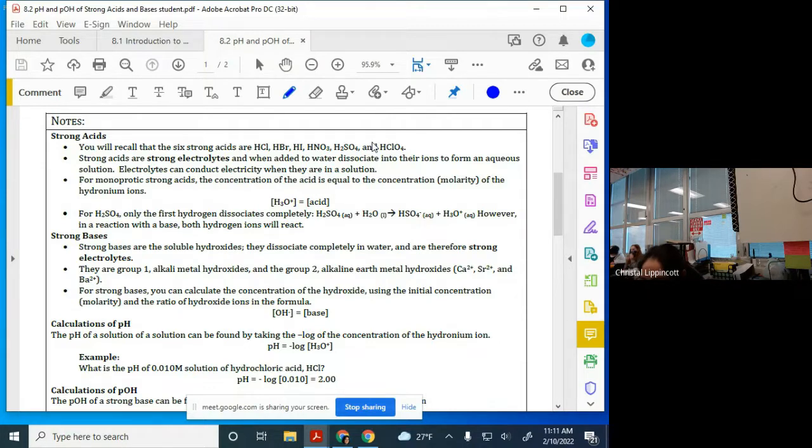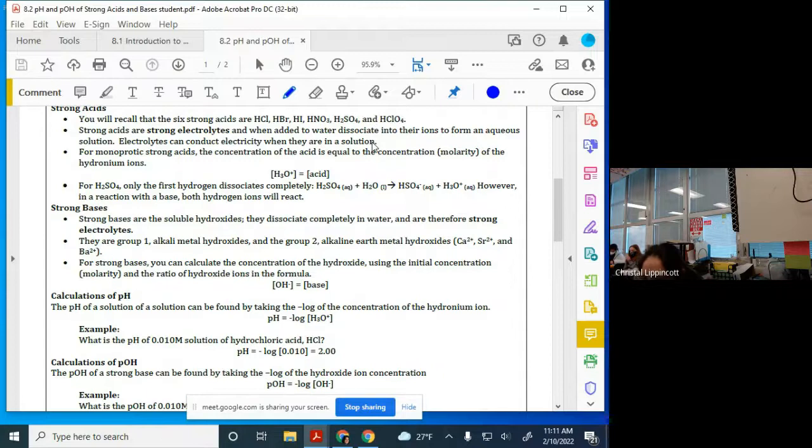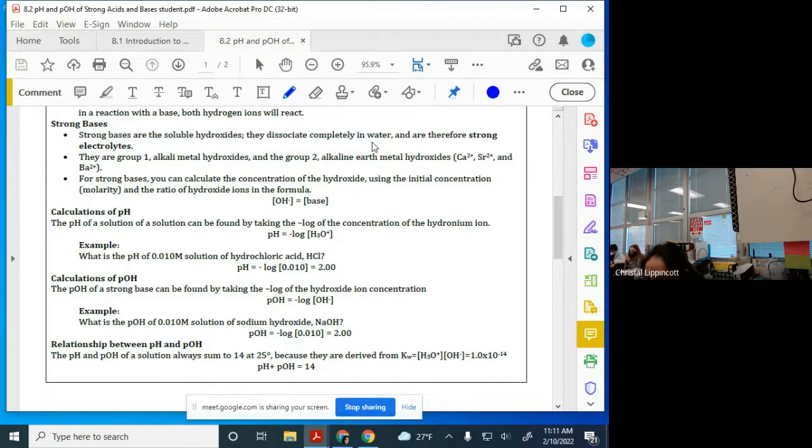So this is a polyprotic acid. For it, the first hydrogen that comes off is a strong acid. The second one is a weak acid. Strong bases are the ones that dissociate completely in water. So their Kb value is going to be 1 or greater typically.